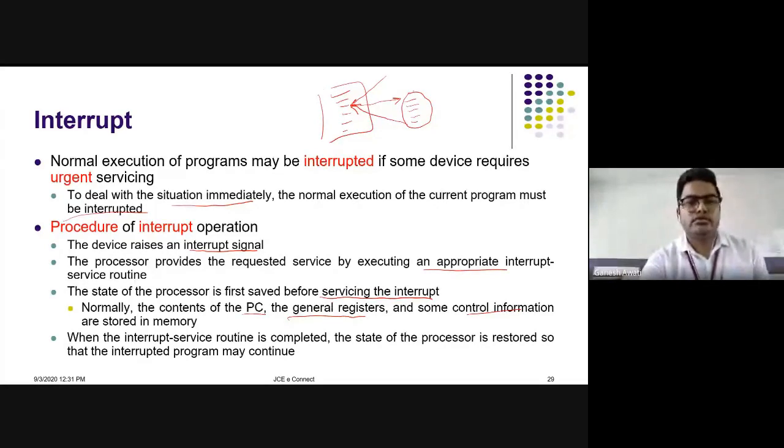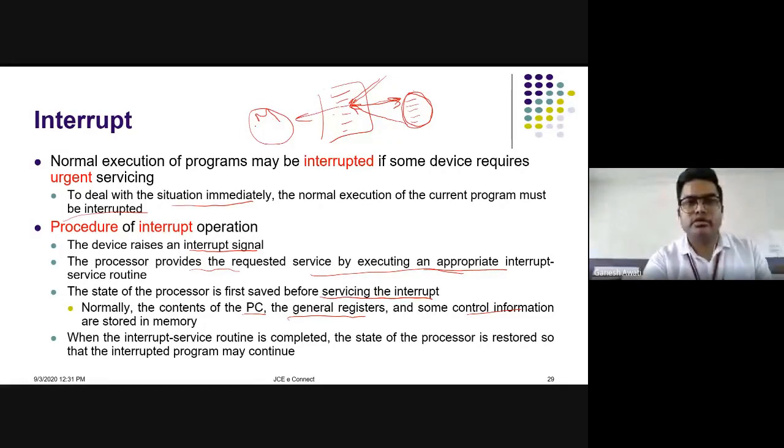First the interrupt will be raised, then the processor provides the interrupt service routine, which is already written. Before executing it, the processor stores where it was in memory.